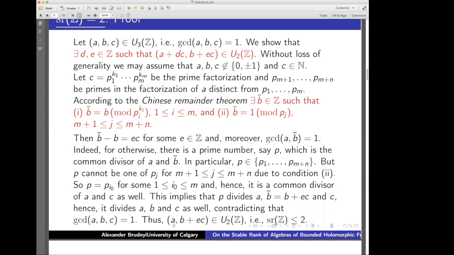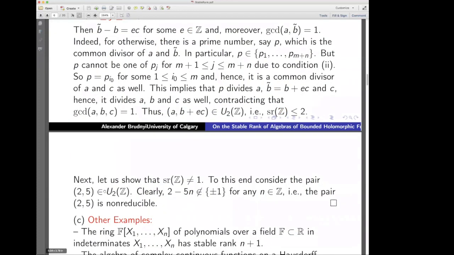So from here we obtain that this pair, a, b plus ec, will be in U_2(Z). So this means that the stable rank of Z will be less or equal than 2. Now, why can it not be 1? It's very simple. For instance, just take the pair 2, 5. The greatest common divisor of 2 and 5 is 1.